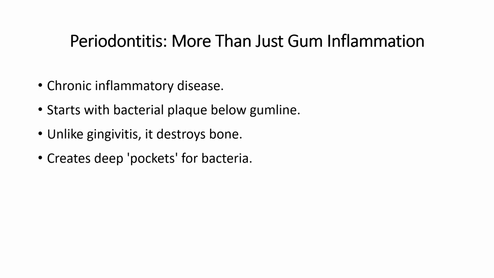While your body tries to fight the infection, this prolonged inflammatory response, unfortunately, starts to destroy the soft tissues and, critically, the very bone that supports your teeth. As this destruction occurs, the gums pull away from the teeth, forming deep spaces we call pockets. These pockets become perfect breeding grounds for more bacteria, making them impossible for you to clean at home, leading to a vicious cycle.